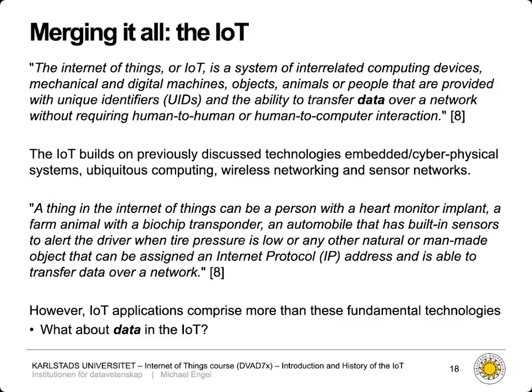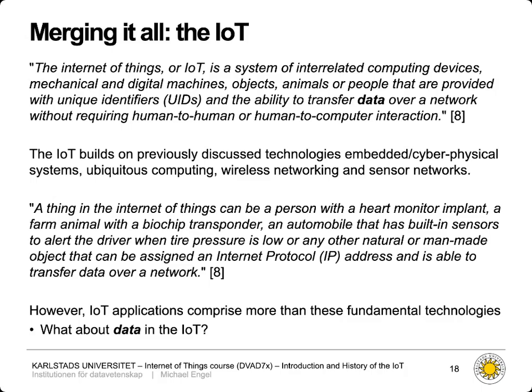So here you see very many principles of ubiquitous computing, of Mark Weiser's ideas coming up again in a much more complex context. So the IoT here definitely builds on previously discussed technologies for embedded cyber physical systems, ubiquitous wireless sensor networks, and so on.